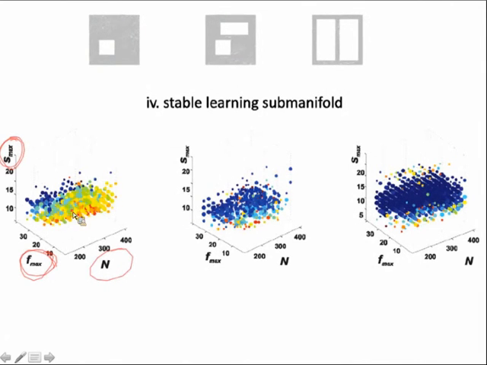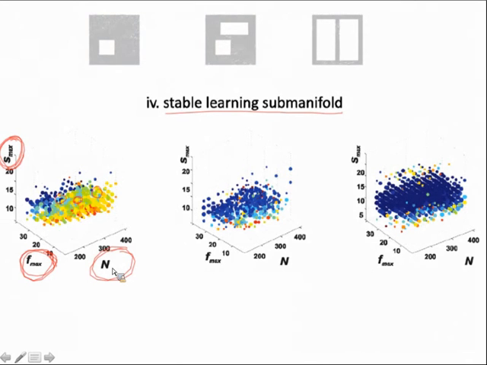Maybe it will take you longer to get the correct topology, but we just want the big balls, not the small balls. And so one can take a look at the stable learning submanifold, which is basically the best values for S, F, and N that give us the correct topology most of the time out of the 10 runs for a fixed S, F, and N. Any questions about that?